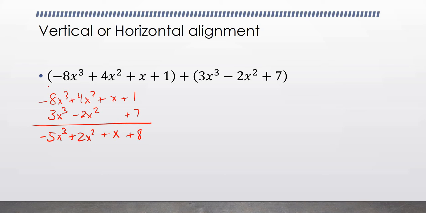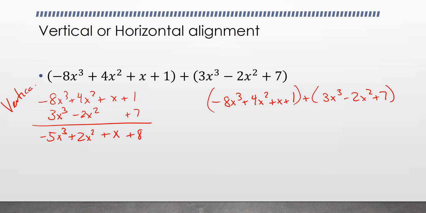The other way is to do them just the way they are, lined up. Negative 8x cubed plus 4x squared plus x plus 1 added to 3x cubed minus 2x squared plus 7. And if I do it this way, which is horizontal, this one being our vertical, I just look for my like terms and combine them as I go.